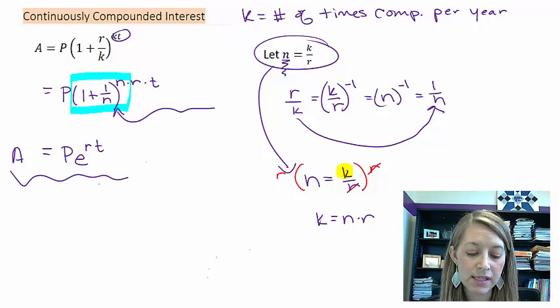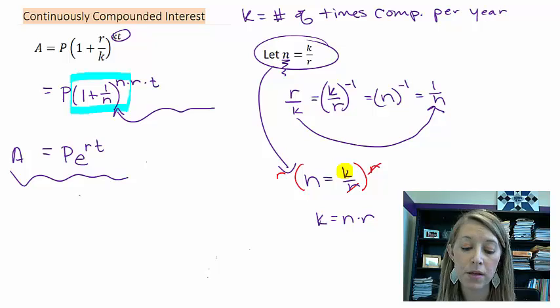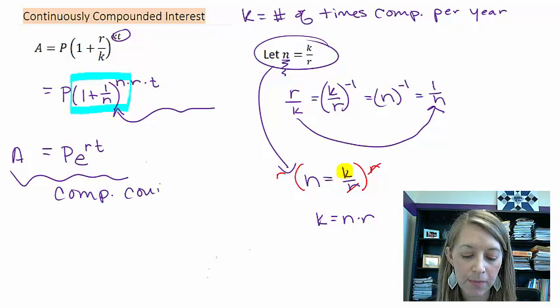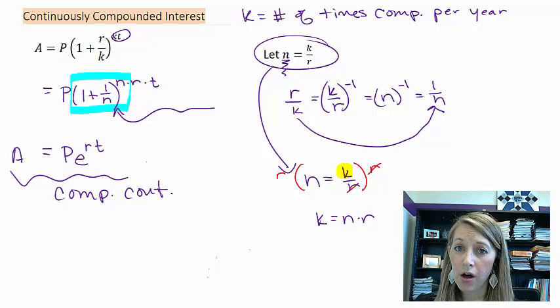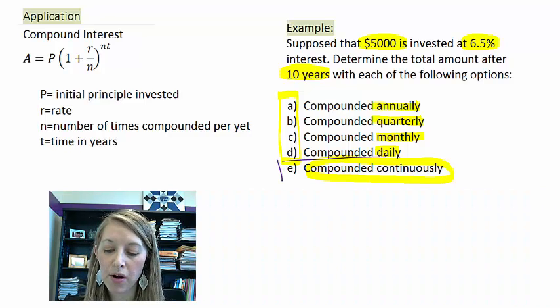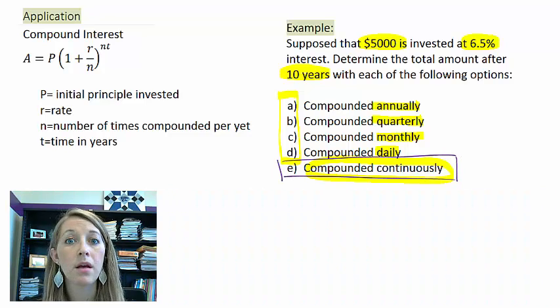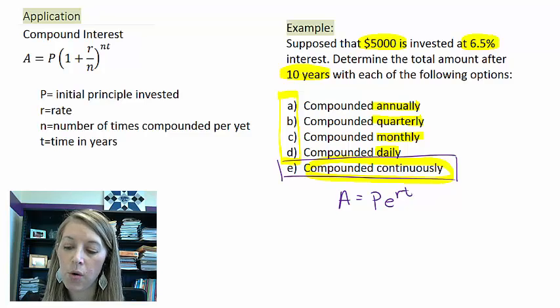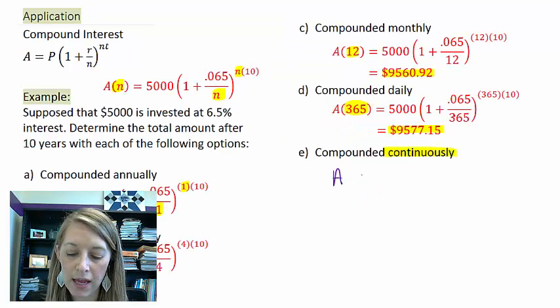And so this is exactly the formula that we will be using if we want to compound it continuously. So, if I were to go back to my exact example, and if I wanted to compute part E, I would use my new formula, A equals P times E to the RT. And so I can use that in figuring it out here.